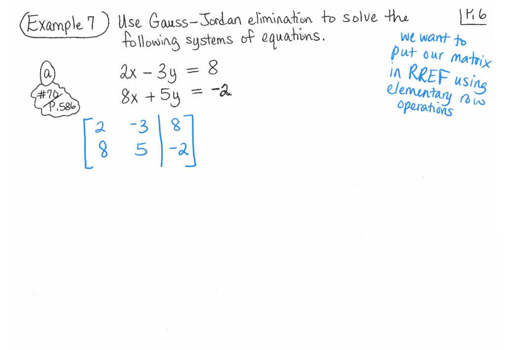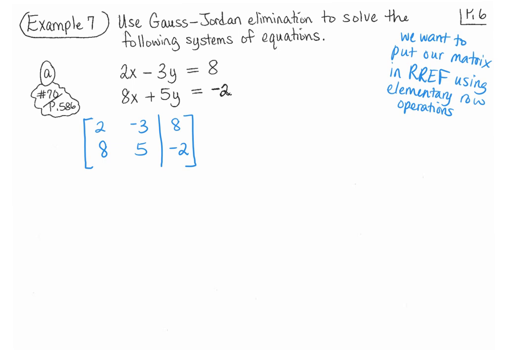We know that in reduced row echelon form, this first number needs to be a 1. How can we make this a 1? Think of your elementary row operations. You can divide by 2.